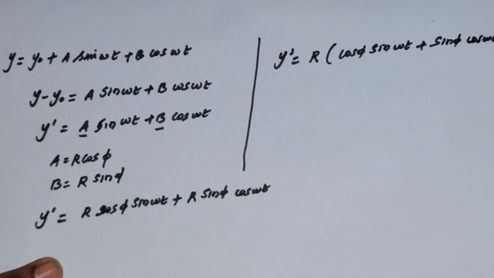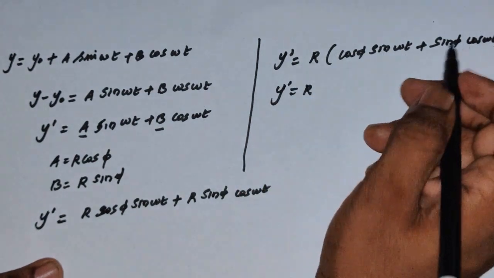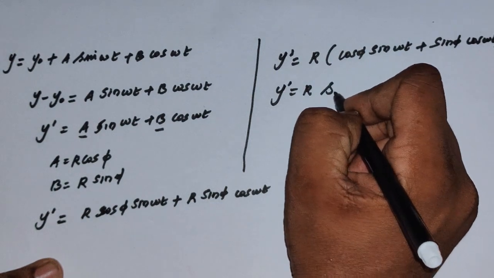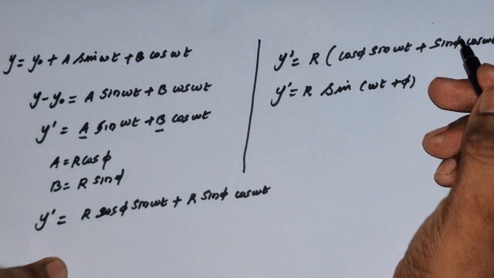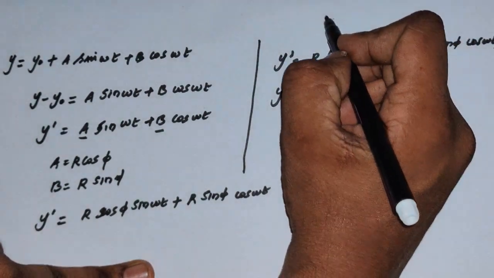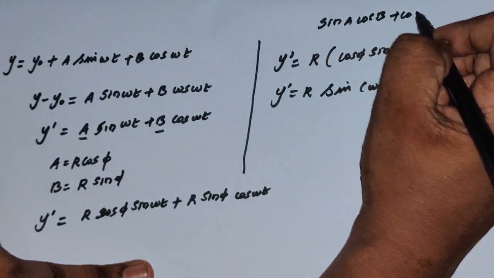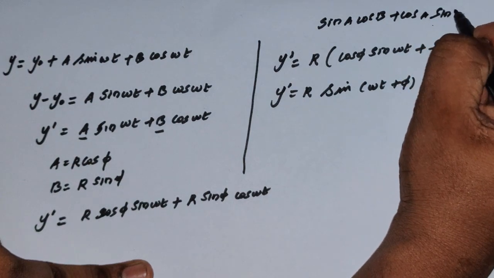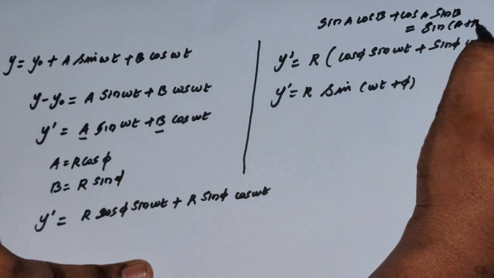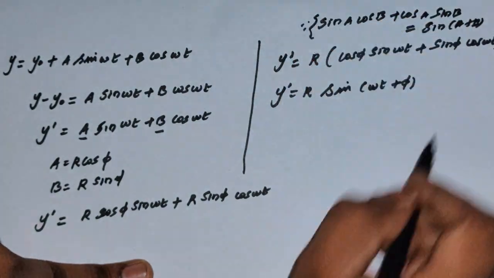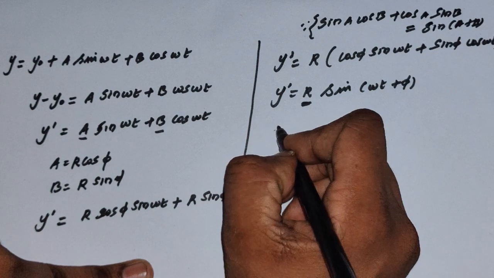Using the general formula sin a cos b plus cos a sin b equals sin of a plus b, we get y prime equal to r sin of omega t plus phi. This is a trigonometry formula we have used here. So hence the new amplitude, in general, is equal to r.